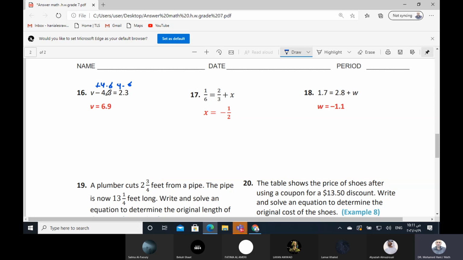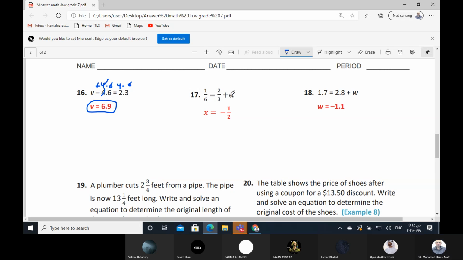Plus 4.6 and minus 4.6 will be 0, so it means here v, and add here the two decimal numbers. 6 plus 3 will be 9, drop the point, and 4 plus 2 will be 6. So the solution here will be what? V equals 6.9.